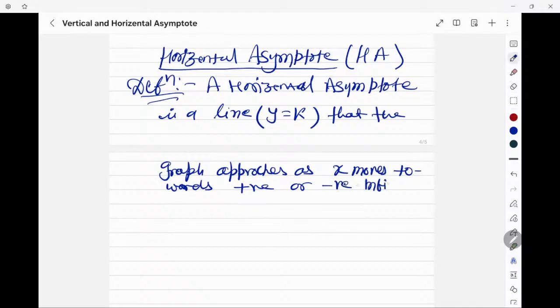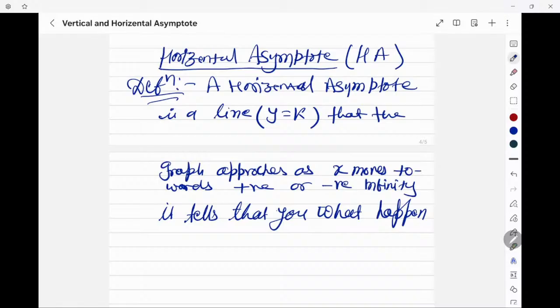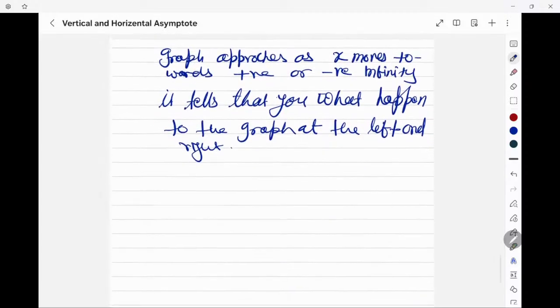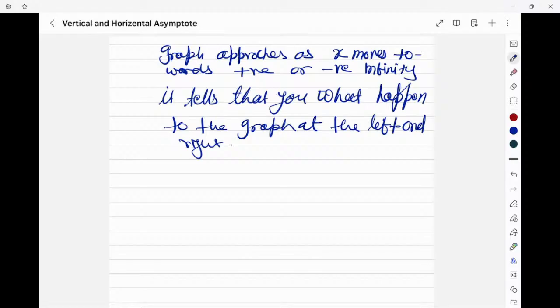It tells us what happens to the graph at the left and right.